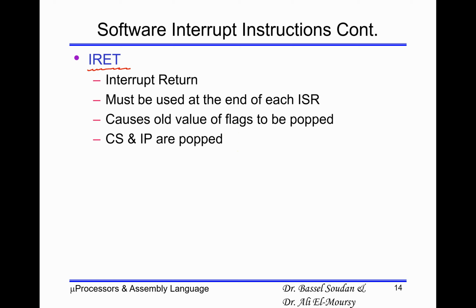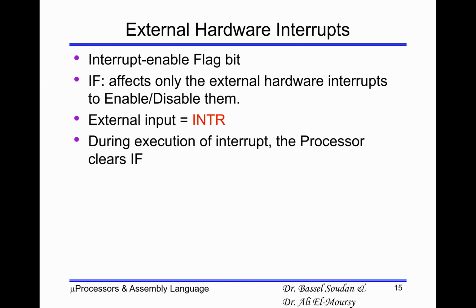Interrupt return means I have to pop the CS and the IP, and also pop the flags back. This is the case when the interrupt instruction returns. So these are the software interrupts.